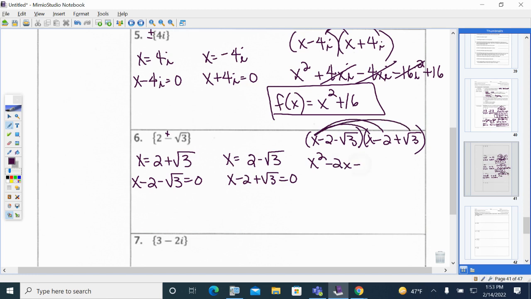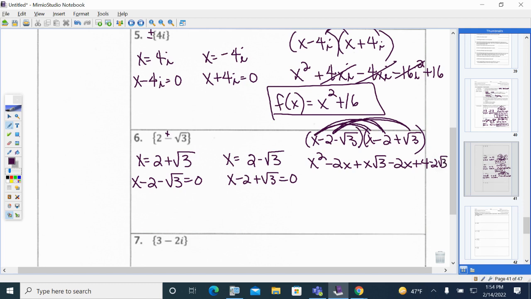X times a positive radical 3 is an x radical 3. So those are the first 3 terms. Now let's take the negative 2. Negative 2 times x is negative 2x. Negative 2 times negative 2 is a positive 4. And negative 2 times a positive radical 3 is a negative 2 radical 3.